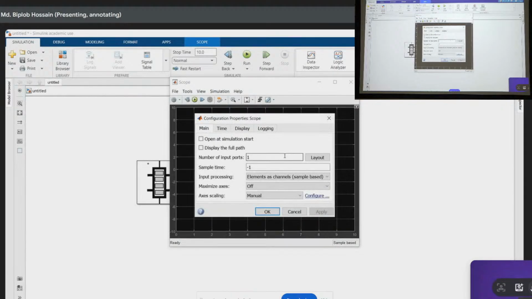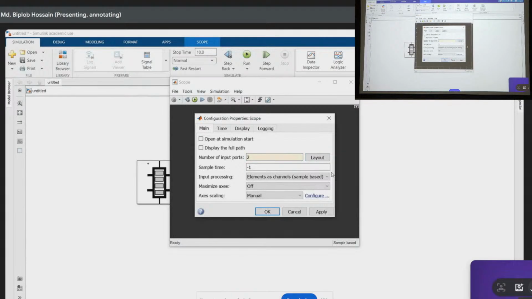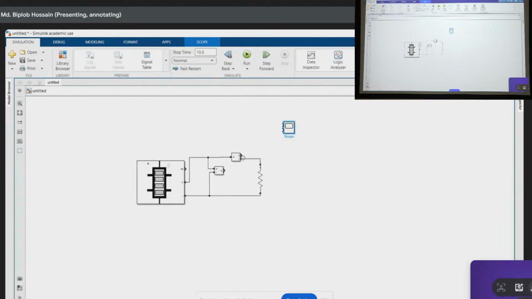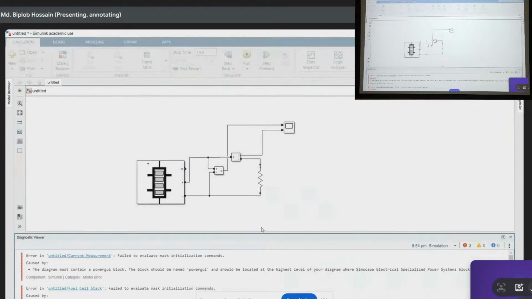For example, we are taking two scopes here, so the layout should be like this, vertically. So you see there are two scopes. If we want to see current in the bottom scope, just connect it, and voltage to the upper scope we can see. So here if we click run now, you see there is an error.